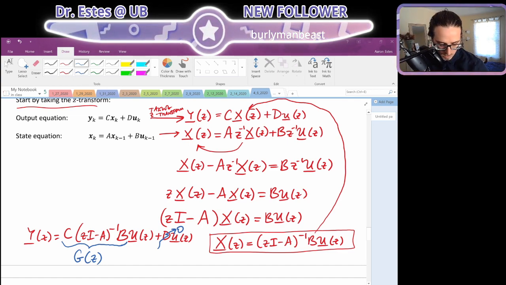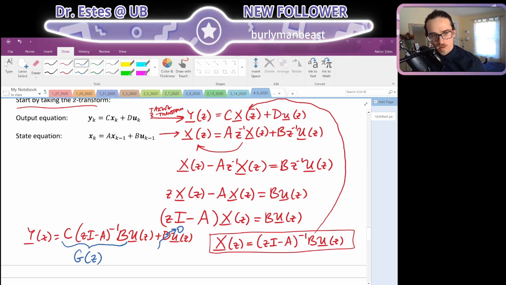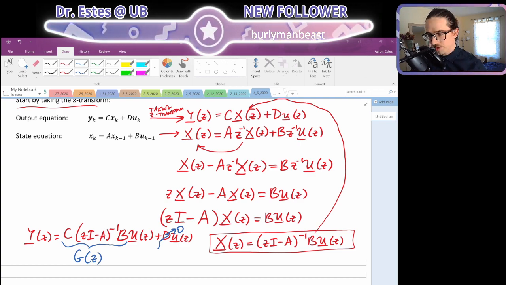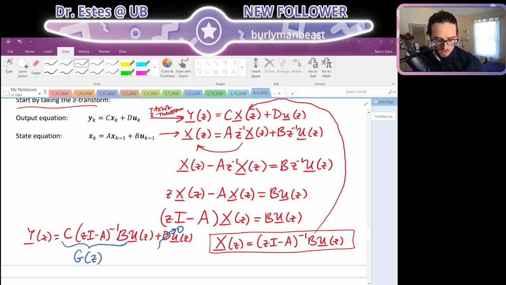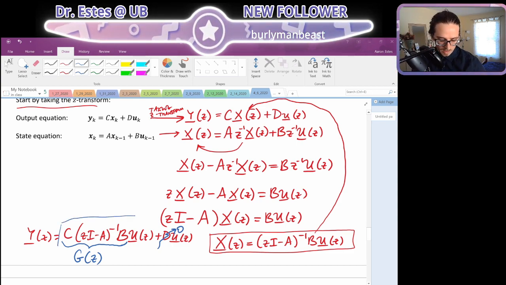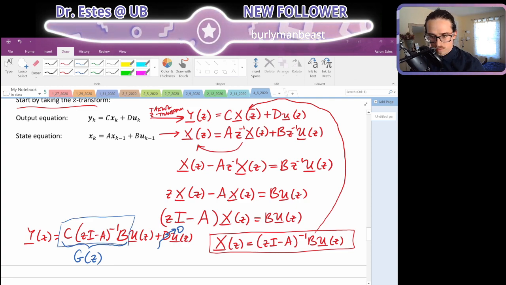But this is it. If you have a discrete time state space system and you want the transfer function that relates your output, or multiple outputs, to multiple inputs, you just have to calculate this matrix multiplication, and it'll give you the transfer function.